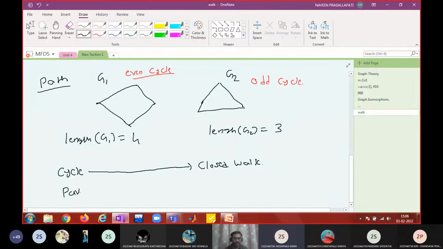And a path is a special case of a trail, and a trail is a special case of a walk. Is that fine? And even cycle, odd cycle.